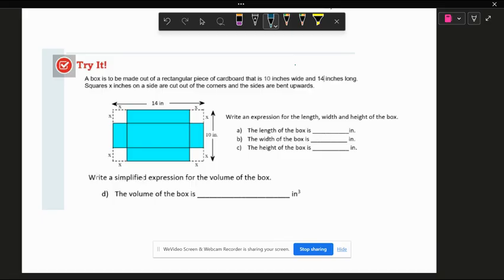All right, so I hope for our length, we got 14 minus 2x. Our width, 10 minus 2x. And the height of the box is x. So we got to multiply those out.